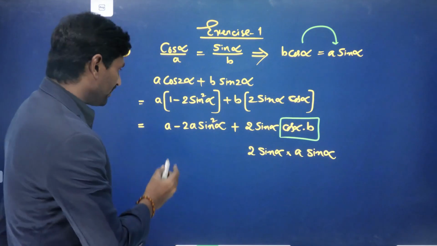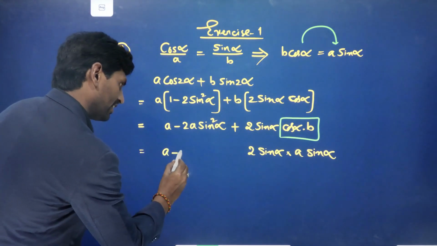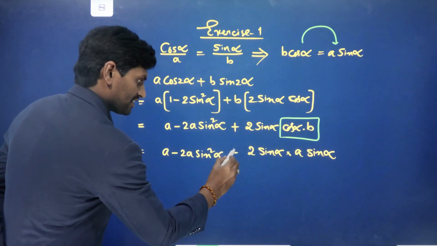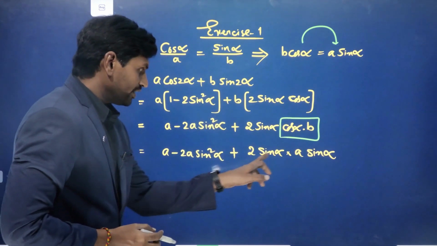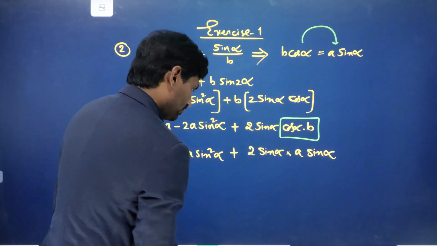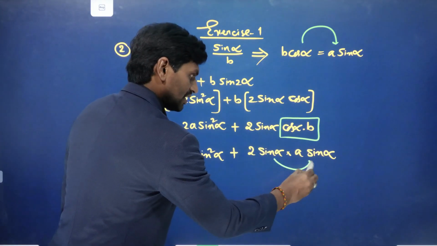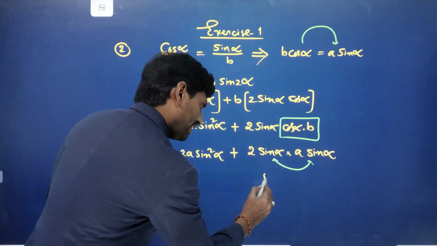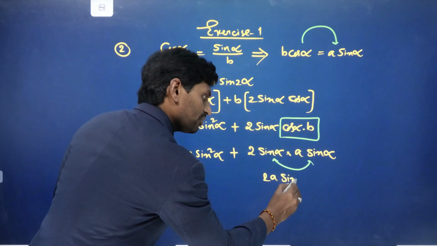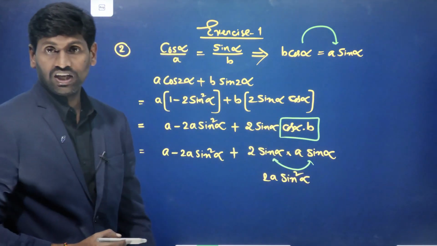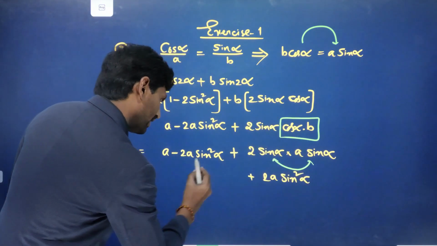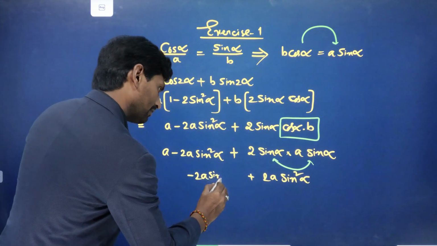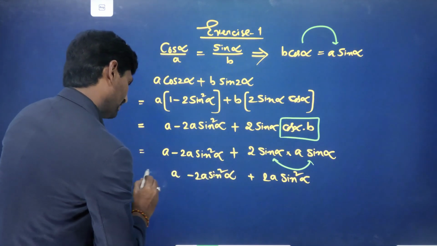Previously we had a minus 2a sin square alpha, now with plus symbol: 2 into a is 2a, sin alpha into sin alpha becomes sin square alpha. Here negative 2a sin square alpha, and the first term is a.